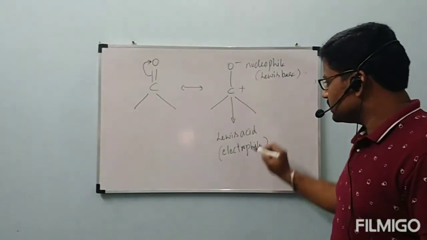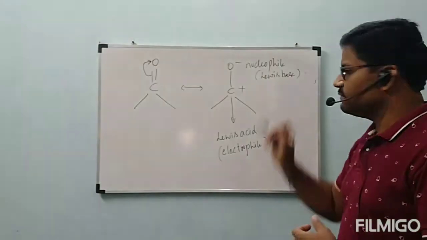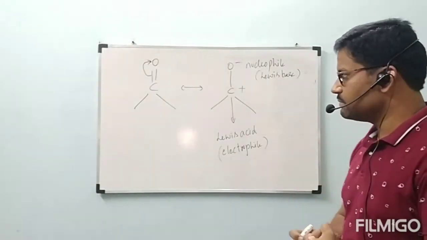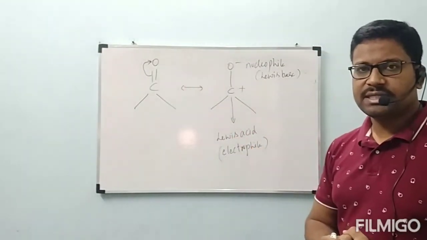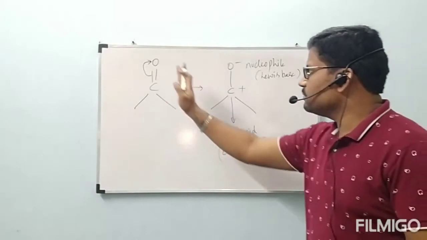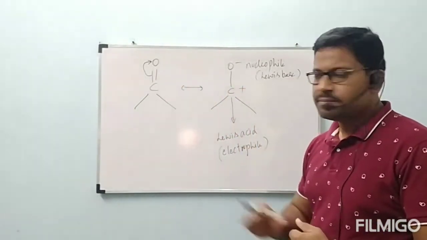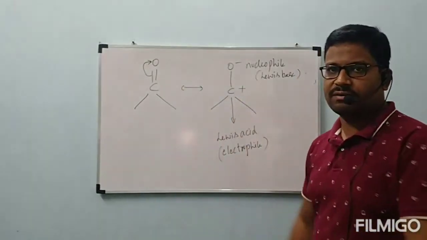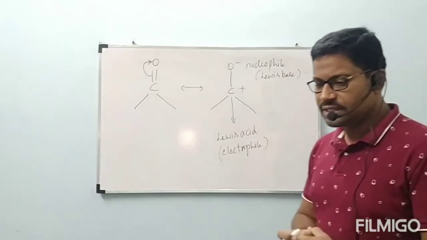So the carbon center is behaving as an electrophile and the oxygen center is behaving as a nucleophile, which is nothing but a Lewis base. In this way, this carbonyl group, C double bond O, is stabilized by the neutral form as well as the polar form. Okay, this is about the structure of C double bond O and the polar nature of C double bond O.